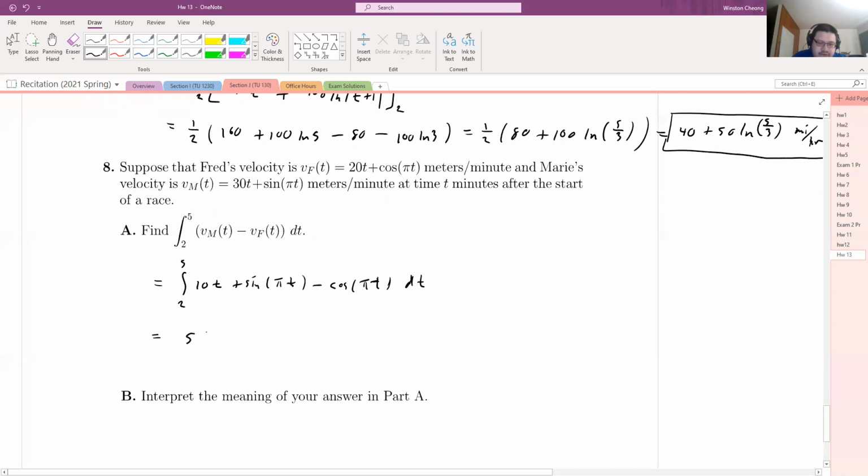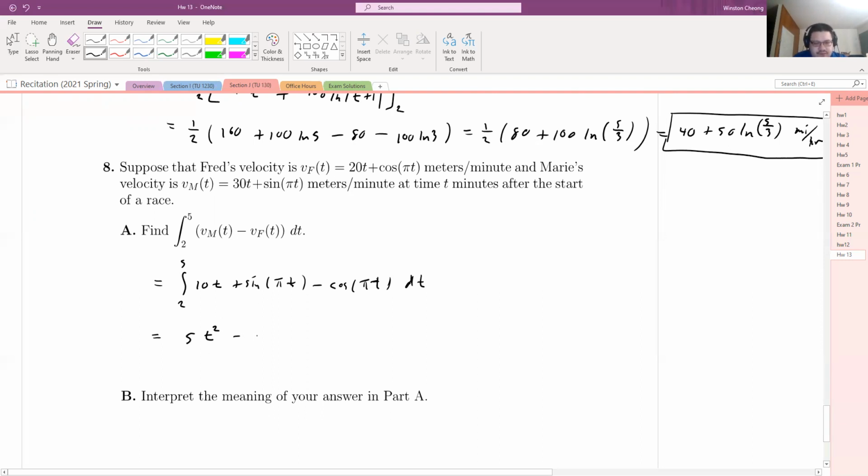So this is going to be 5t squared. And now these two terms, well, sine and cosine you can just integrate, but they do have an inner function of pi t. So technically it's a u sub, but it's so simple of a u sub that you can avoid the u sub by just doing a guess and adjust kind of thing.